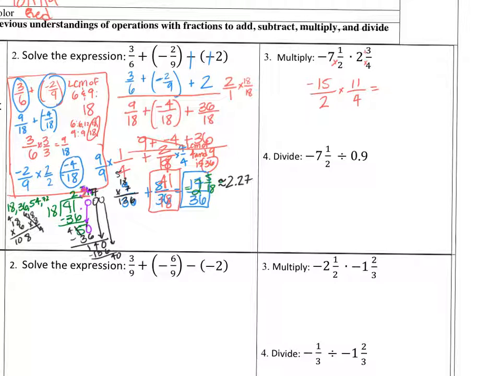Multiplying and dividing fractions is way easier than adding and subtracting. So 2 times 4 is 8. Negative 15 times 11 is, I should have this memorized, but I don't, negative 165. Turn that into a mixed number.